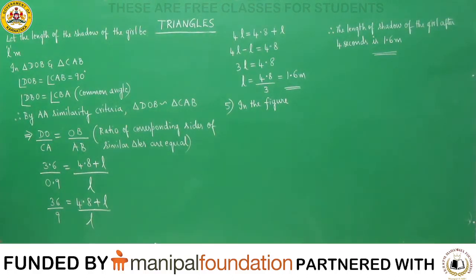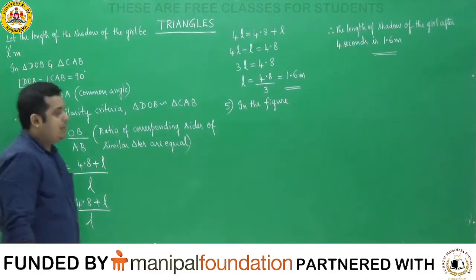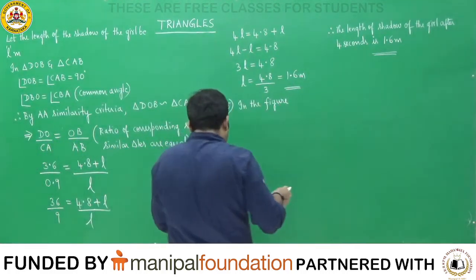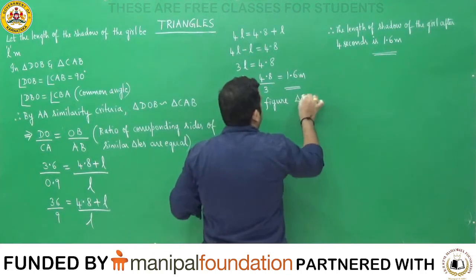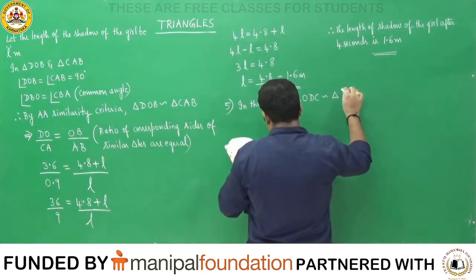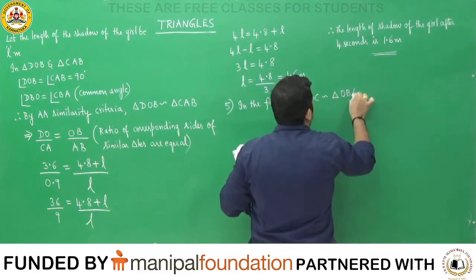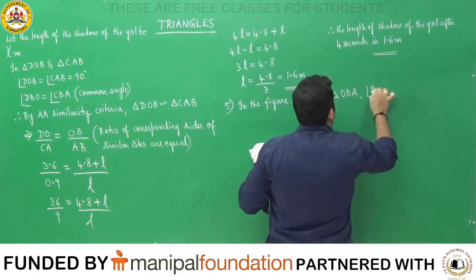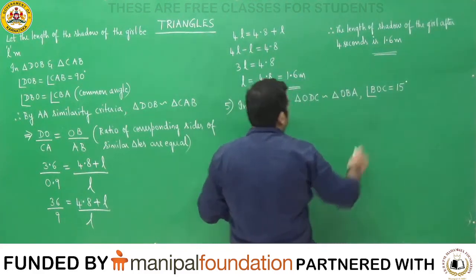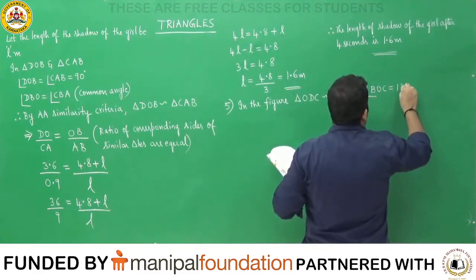In the figure, triangle ODC is similar to triangle OBA, and angle BOC is equal to 125 degree, not 15 degree.